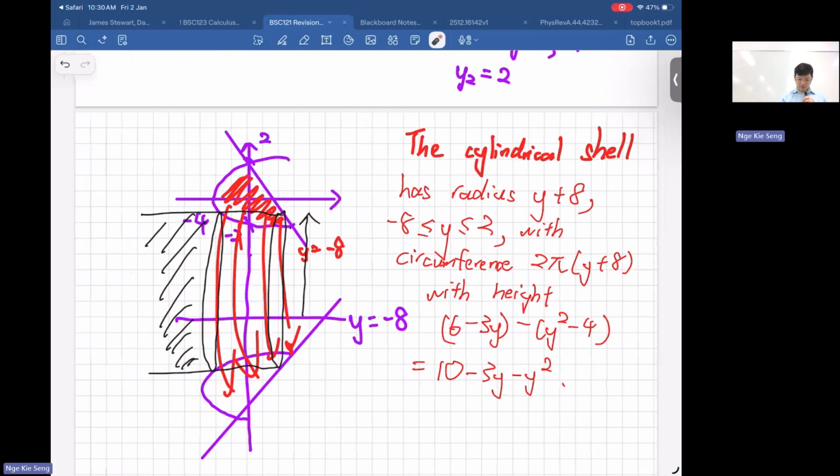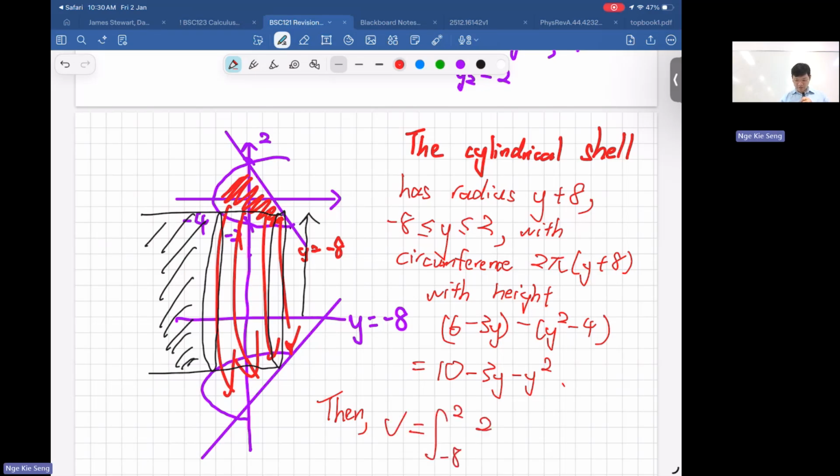So the volume will be equal to the integral from -8 to 2 of your circumference multiplied by your height. Any questions so far?